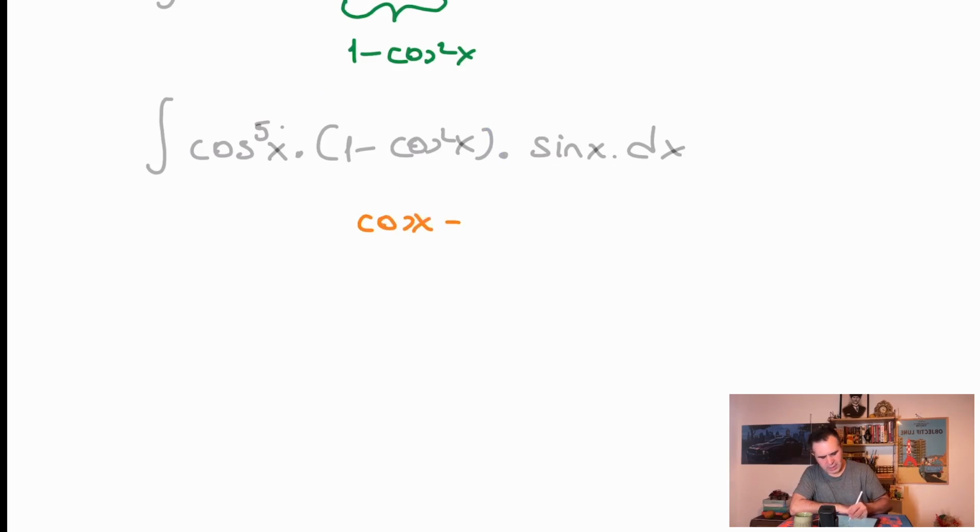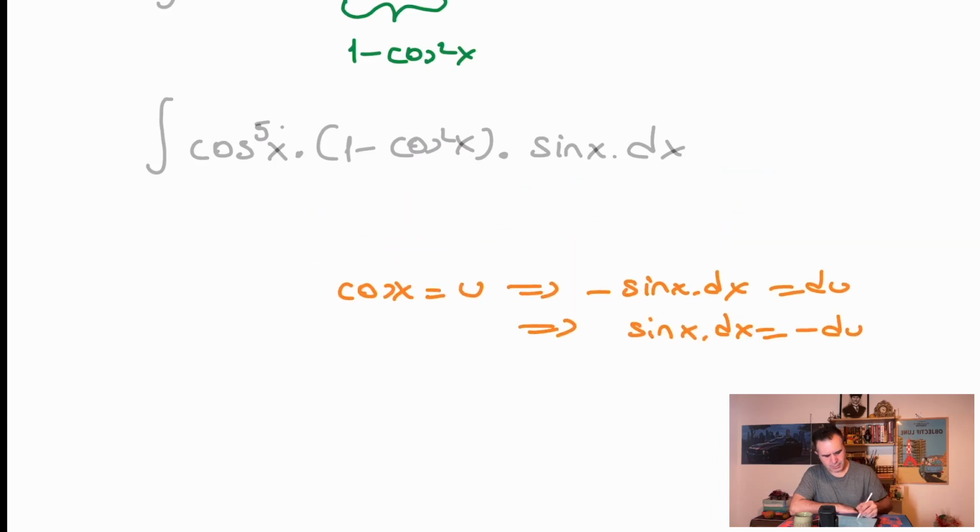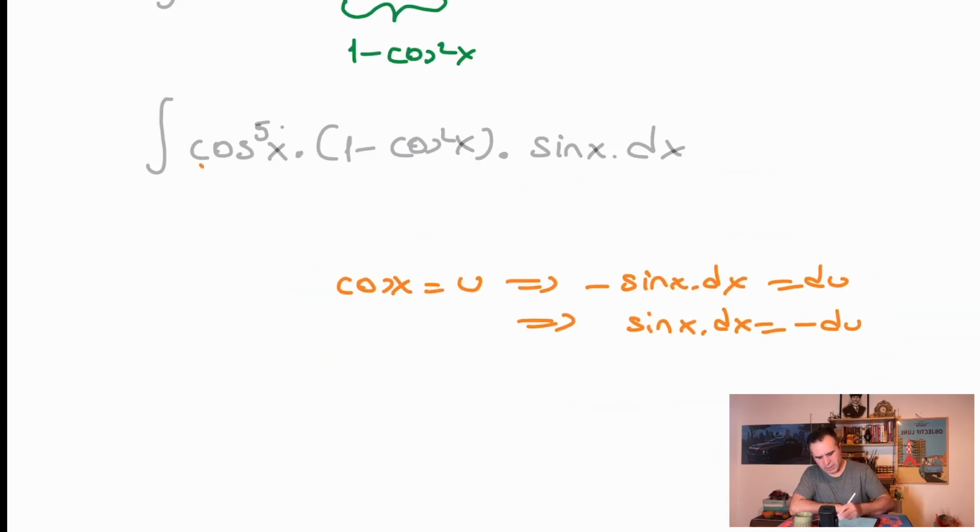Let cosine x be u, then this means that minus sin x dx is equal to du. And take this minus sign to the right side, then sin x multiplied by dx is equal to minus du. And now we will rewrite cosine x as u here, and we will rewrite sin x dx as minus du.